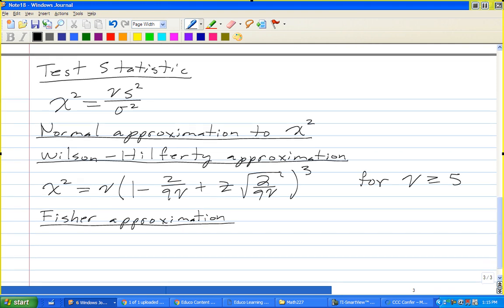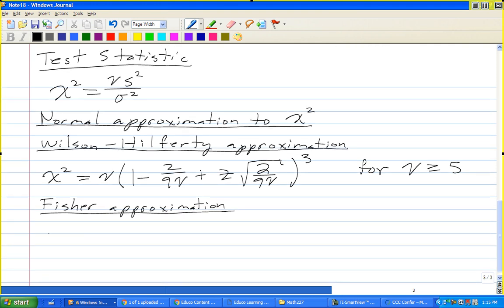So the Fisher approximation says that chi-squared is equal to 1/2 (z plus radical 2 nu minus 1) squared. And this is true for degrees of freedom, let's say, bigger than 200.